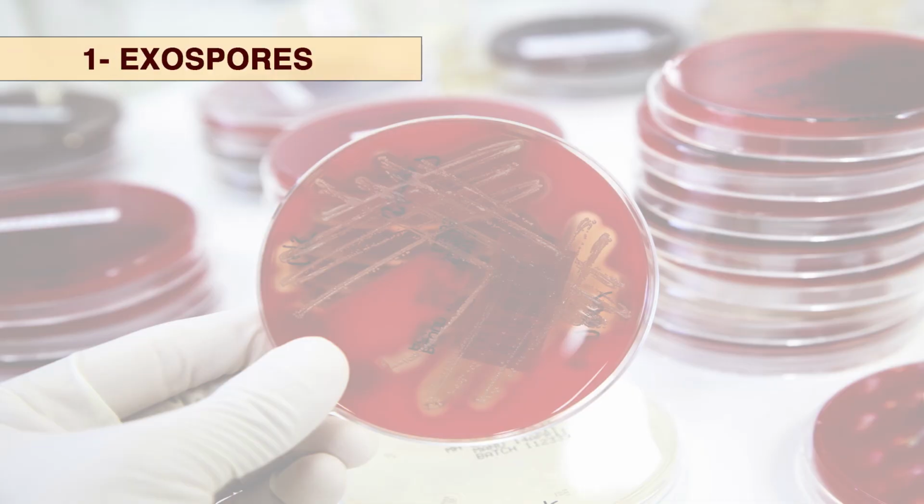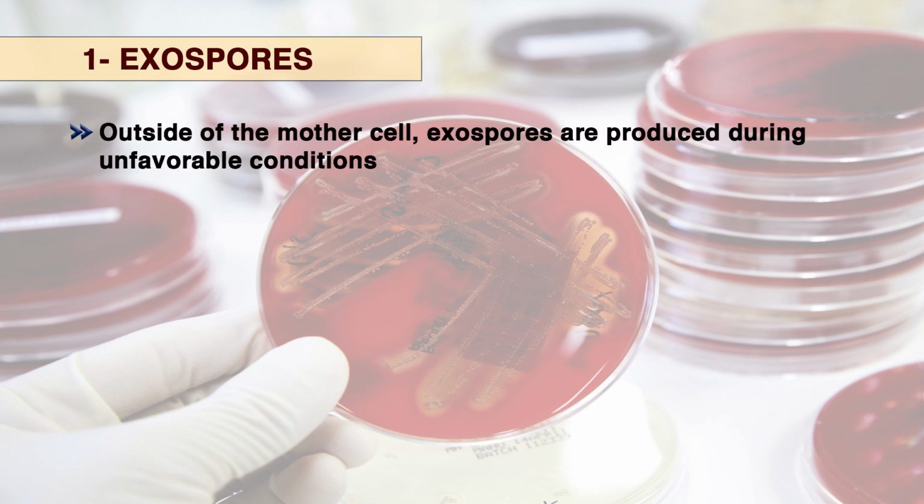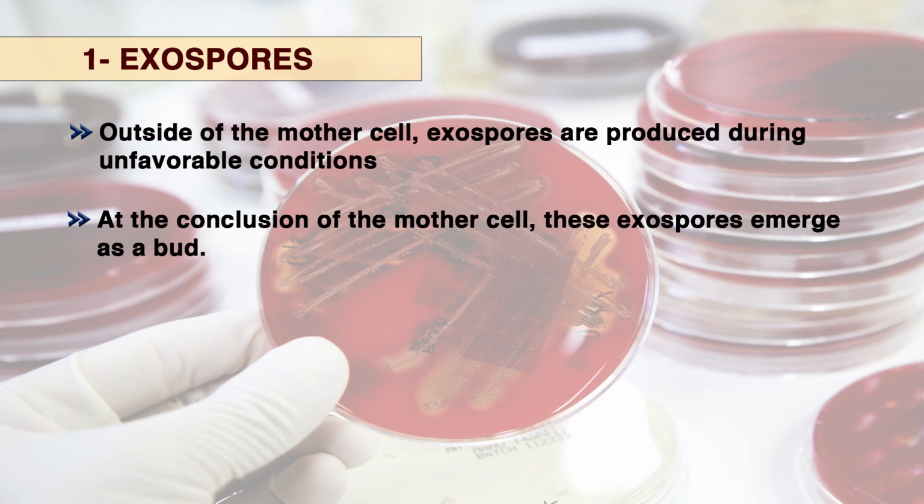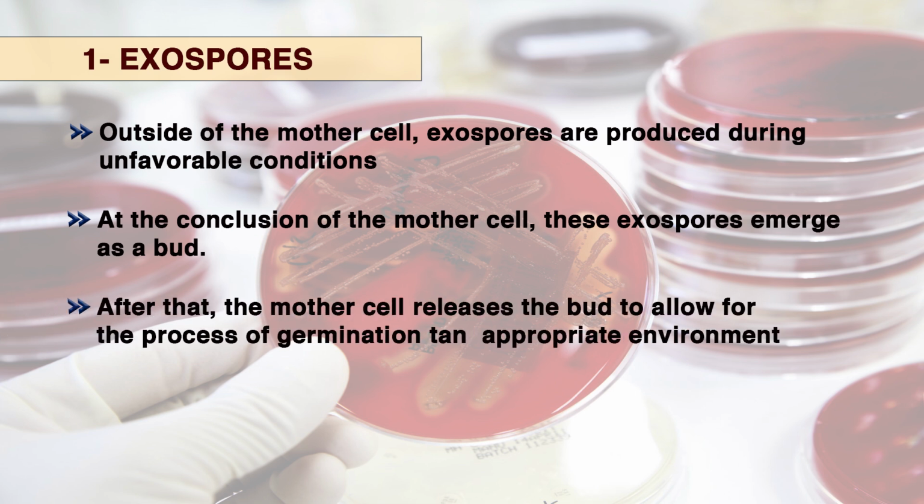Exospores are produced by algae and fungi, outside of the mother cell, during unfavorable conditions. At the end of the mother cell, these exospores emerge as a bud. After that, the mother cell releases the bud to allow germination in an appropriate environment.